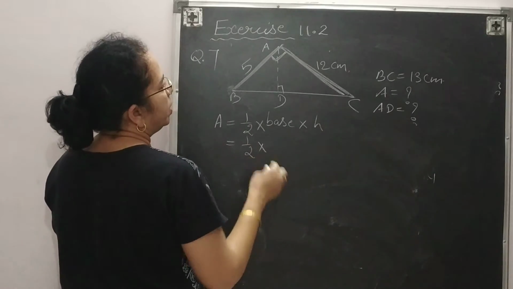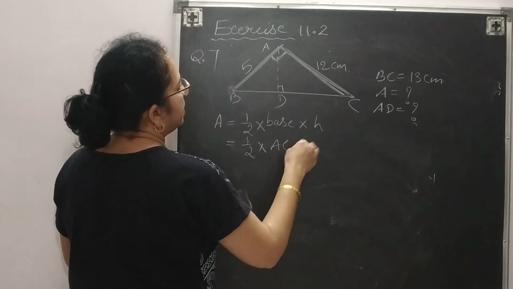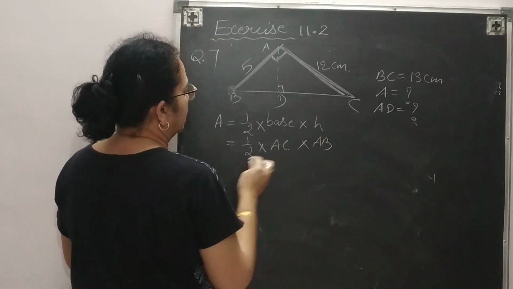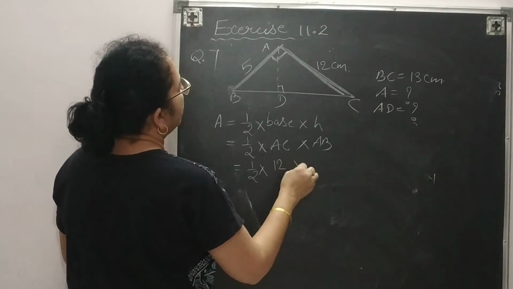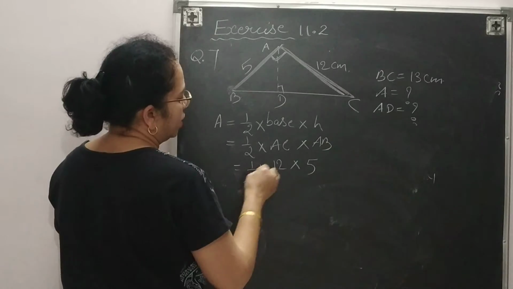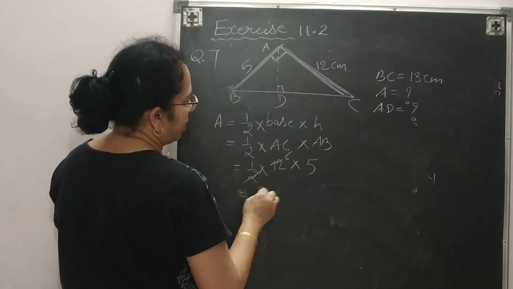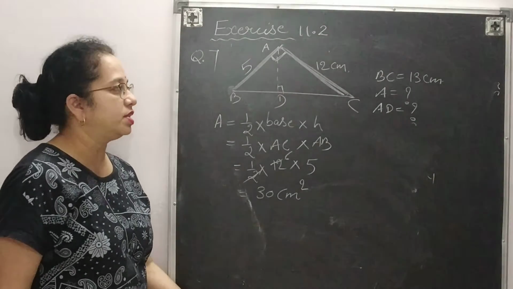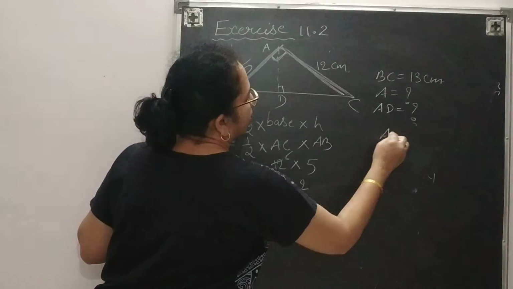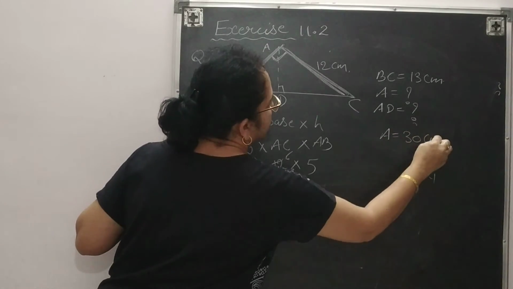Half into your base will be AC and height will be AB. Substitute the value. AC is given 12 and AB is given 5. 2 sixes are 12, 6 fives are 30 centimeter square. So area will be 30 centimeter square.